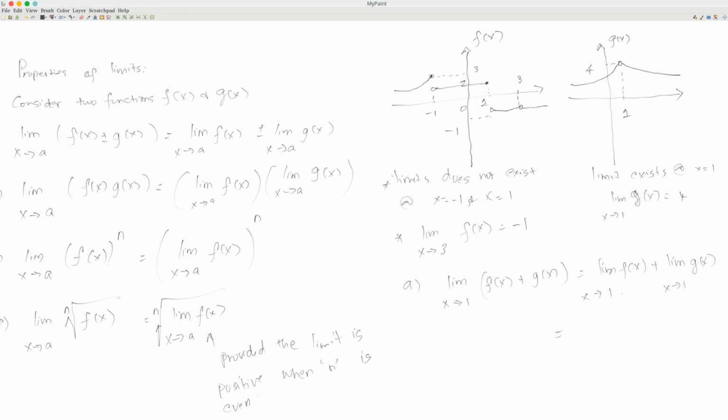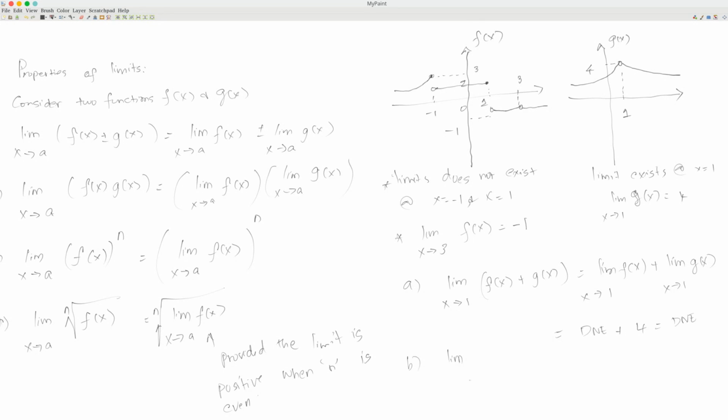So the limit of f of x at 1 is DNE, doesn't exist. The limit of g of x is 4 at 1. 4 plus doesn't exist, it simply does not exist.